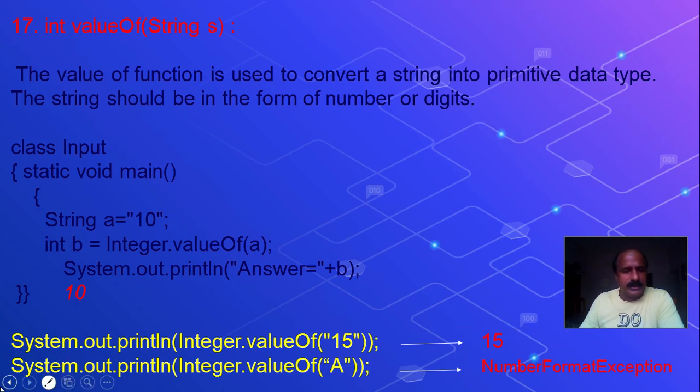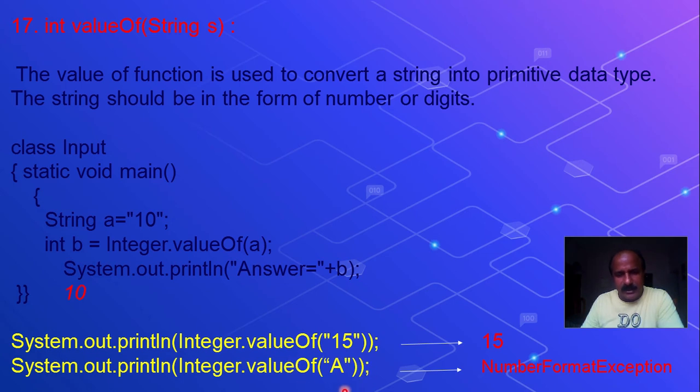Now look at another one. Integer.valueOf("A"). In double quotes I have given A. A is not a number. I told you the input should be a string containing a number or digits.